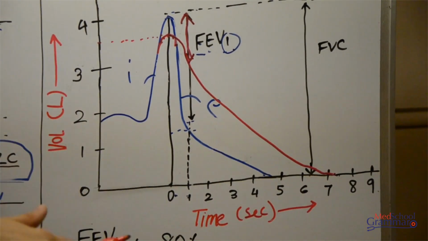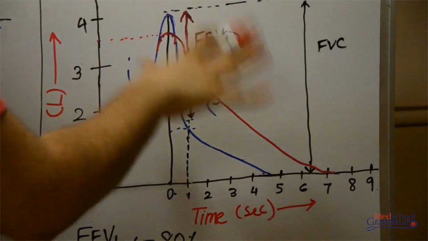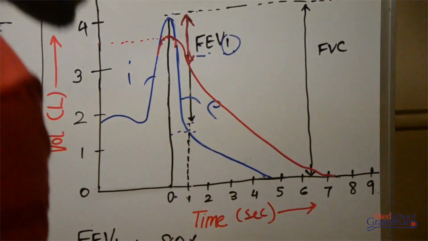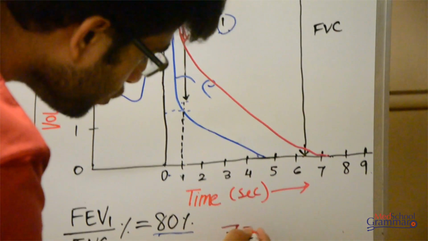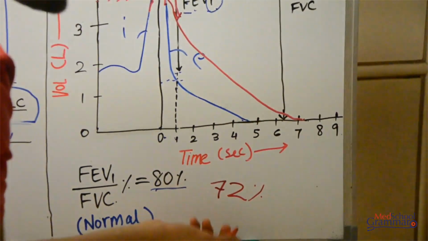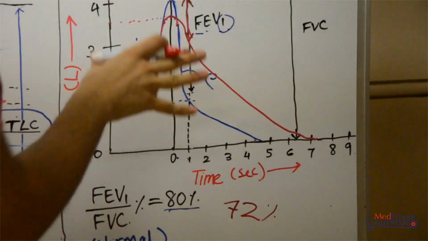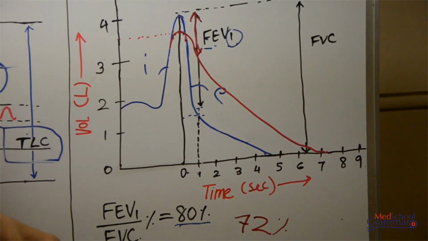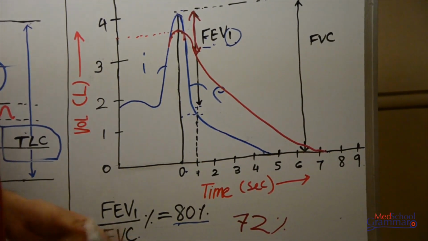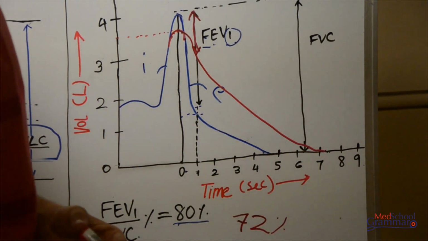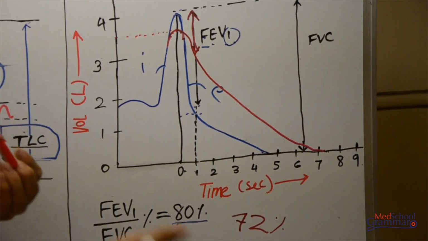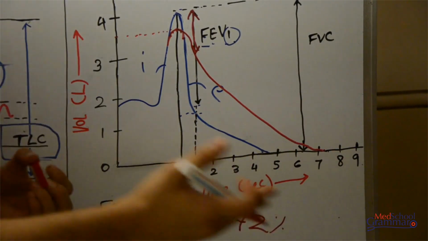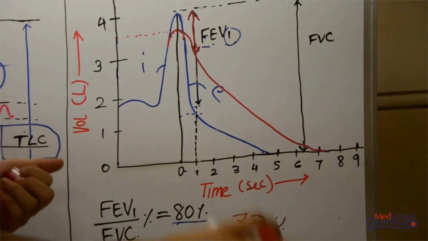This is significant only if the decrease is more than 72%. That means if the percentage of air that is expired is less than 72%, if it's 60, it's 40, then we classify it as obstructive lung disease. This is what we call obstructive lung disease.